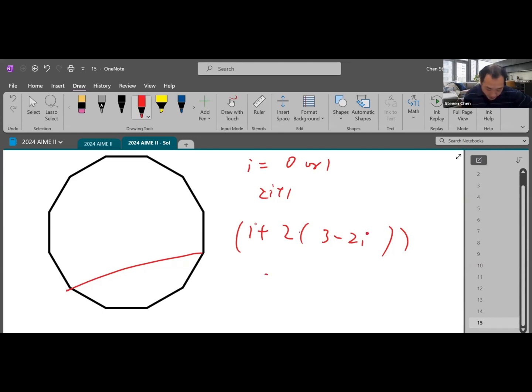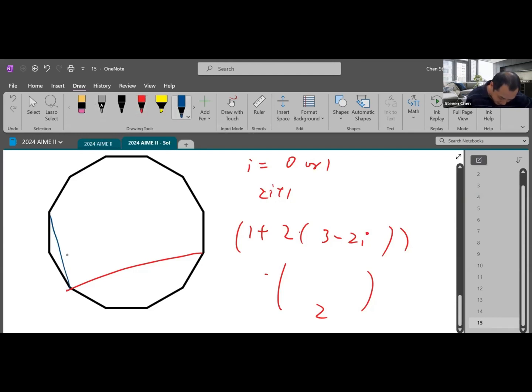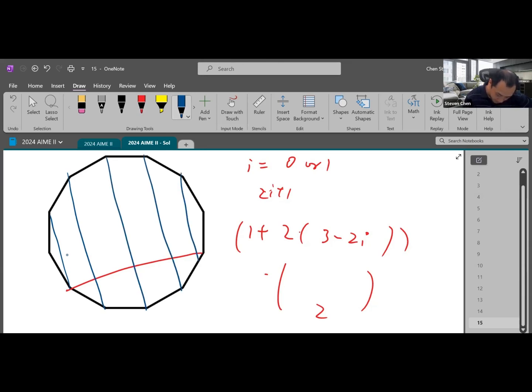And next, given this shorter length, how do we come up with the number of pairs of lines that are perpendicular to this one? So how many such lines can we choose from? We need to choose 2, right? So for this case, what we can choose are essentially these.